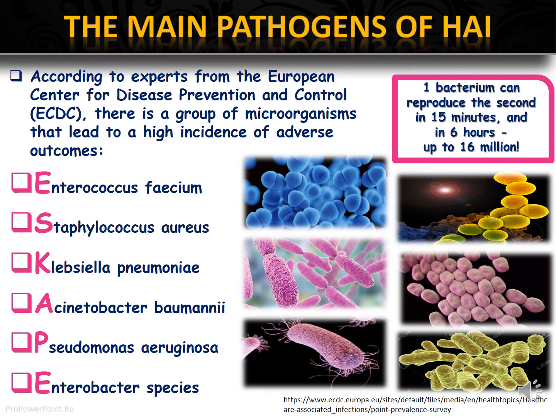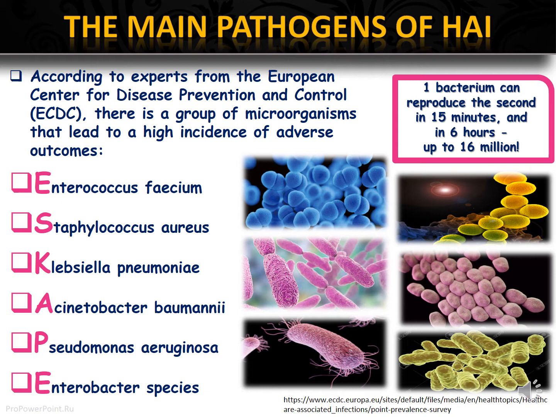So, when we describe the main pathogens of healthcare-associated infection, some years ago we used the term ESCAPE. You see that this term was formed from 6 pathogens, like in my slide.